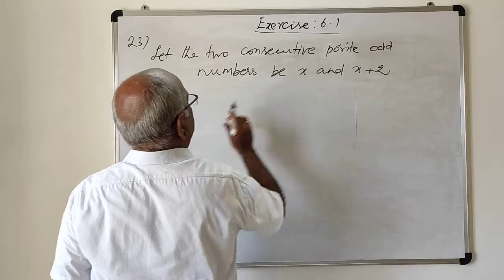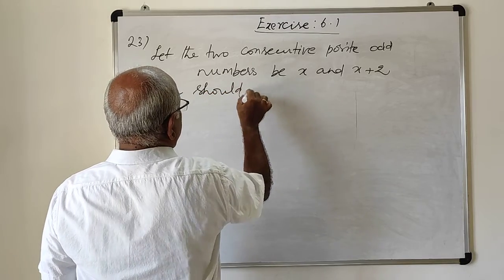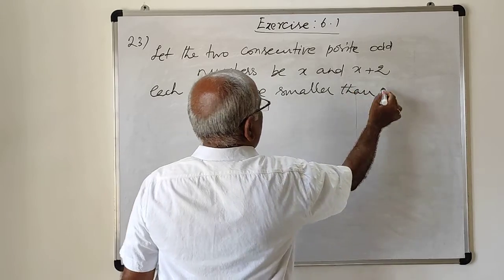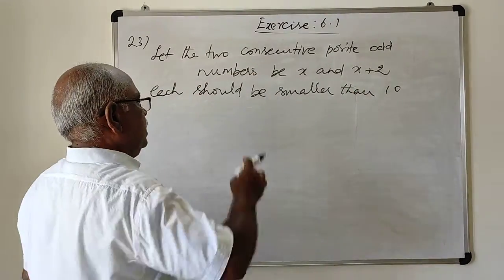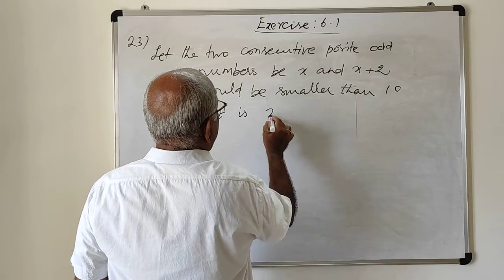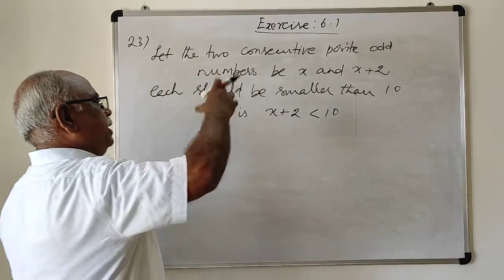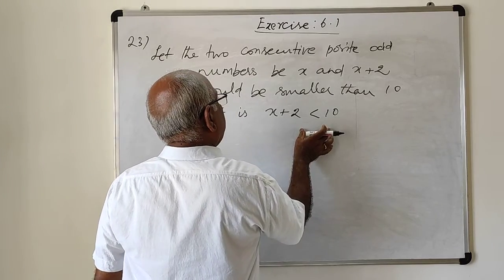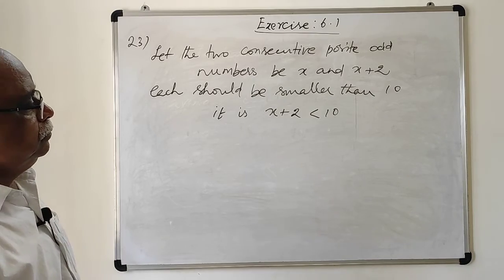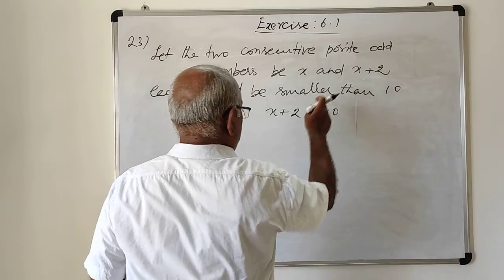That means the bigger number should be less than 10. It means x plus 2 is less than 10. Since the bigger number is less than 10, automatically x is also less than 10. So, two numbers should be smaller than 10 implies the larger number should be less than 10.